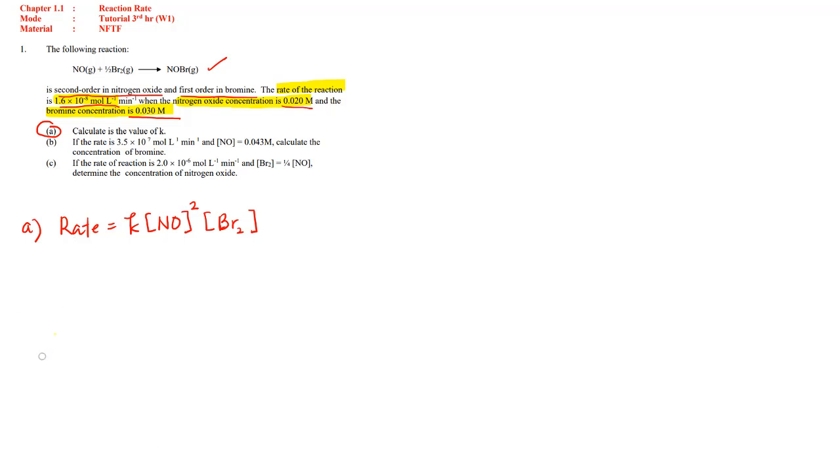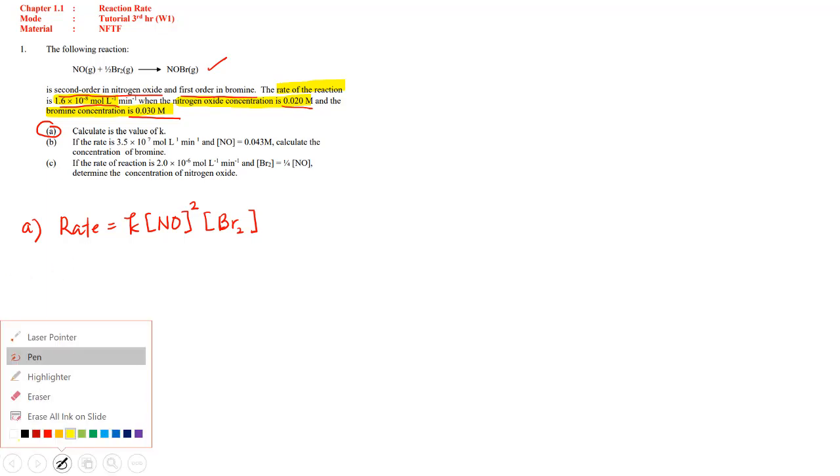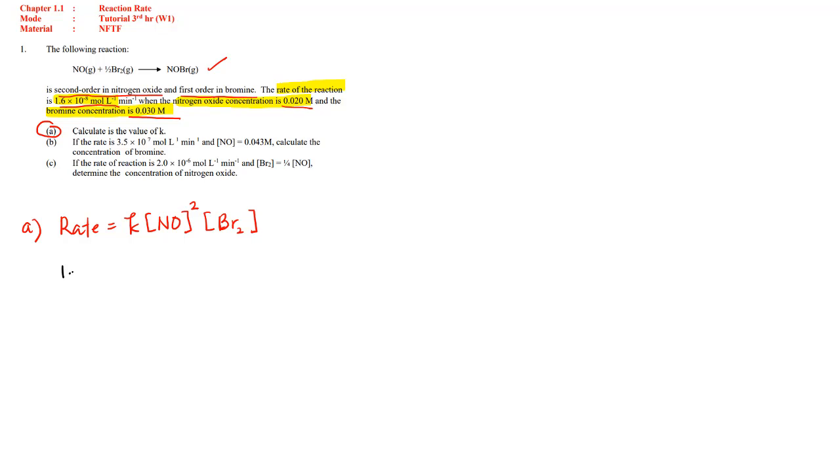Okay, so rate is 1.6 times 10 to the power of negative 8 molar per second, equals K times the concentration of nitric oxide, 0.20 molar to the power of 2, times the concentration of bromine, 0.30 molar.